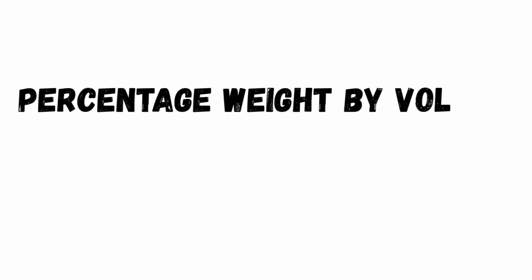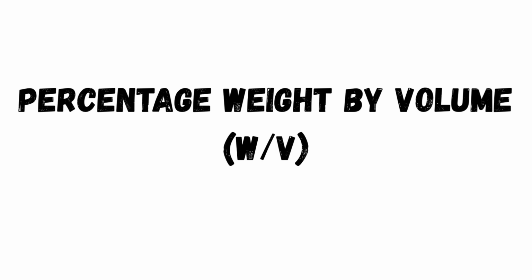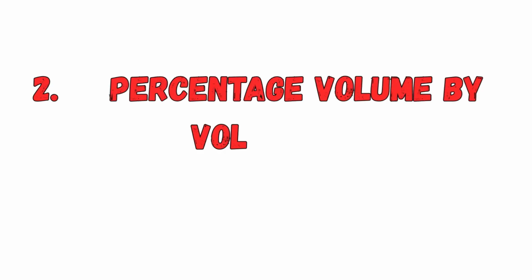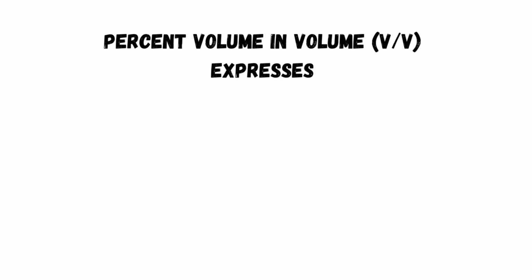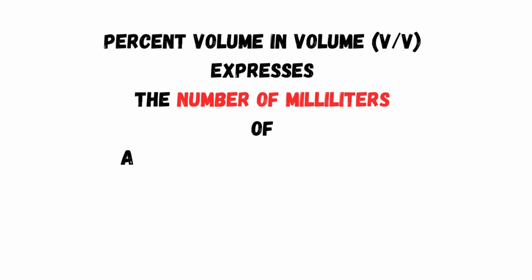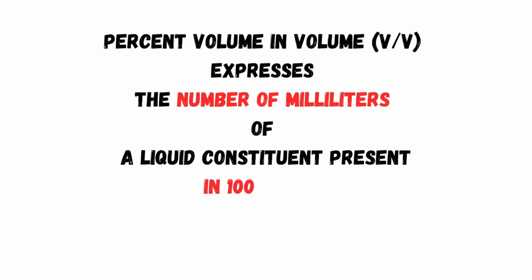So now that you have understood percentage weight by volume and you know how to calculate it, let's start with the second type, that is percentage volume by volume. Percent volume in volume expresses the number of milliliter of liquid constituent present in 100 ml of solution or preparation. As the name says, percent volume in volume.